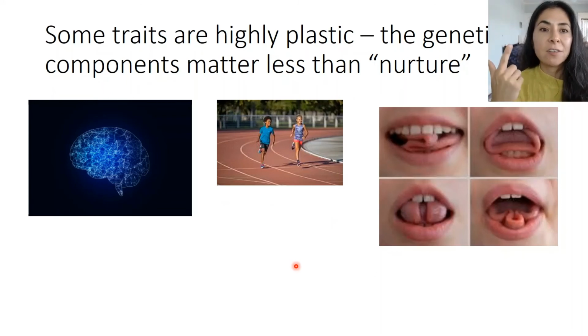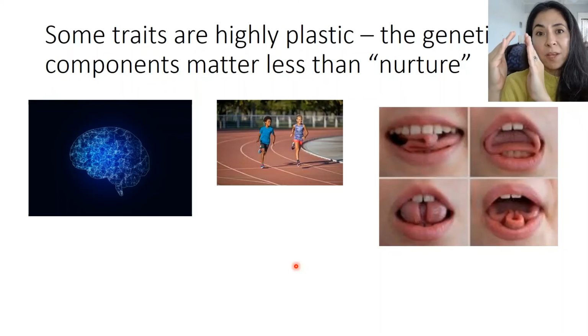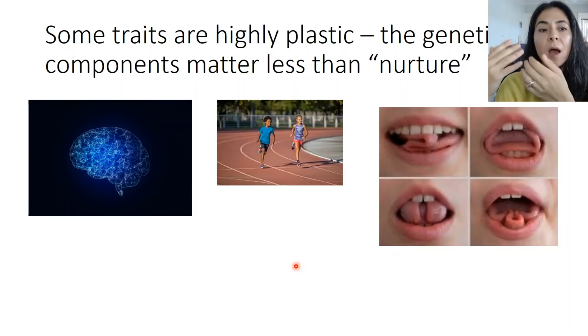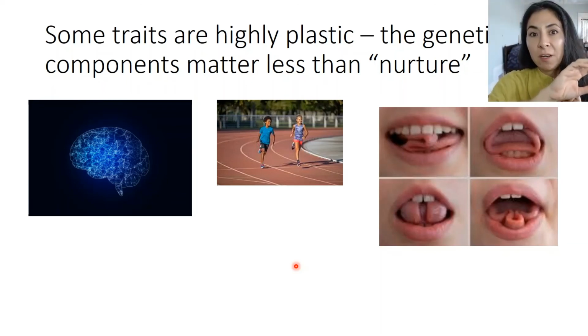So practice and exercise are going to be the main things that drive the variance in athleticism. At the very highest end of elite athletes, you need to have both things. You need to have the genetics that give you higher ability of athleticism, as well as all the practice and training. But you can be on the high end of genetics, but still be a total couch potato and never have any athletic ability whatsoever, because the nurture matters so much.